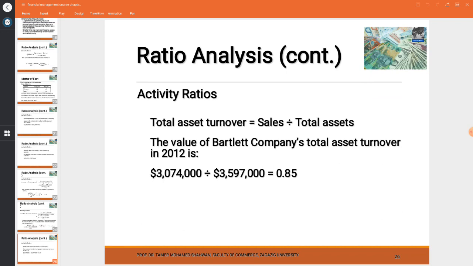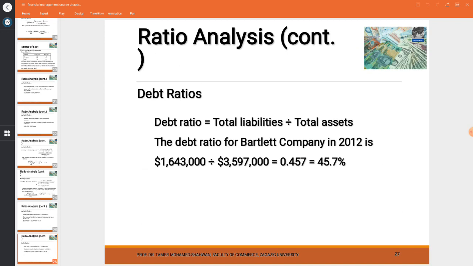Sales exist in the income statement. Total assets are in your balance sheet. By dividing, it is equal to 0.85, and this is our last ratio regarding the assessment of the efficiency and the activity of using the resources of my firm.